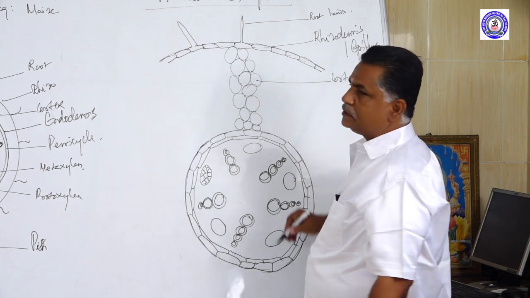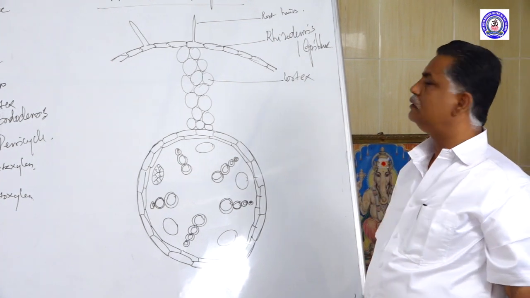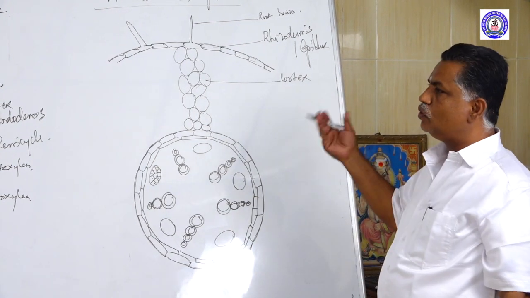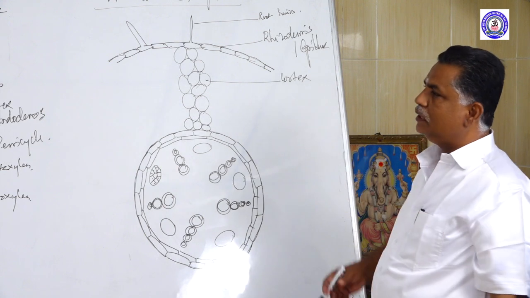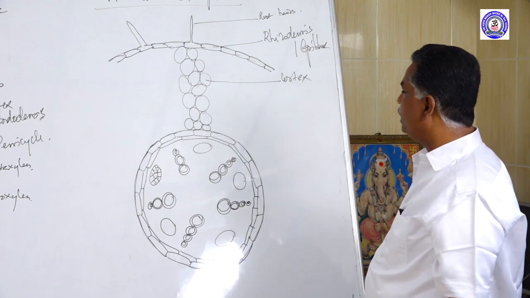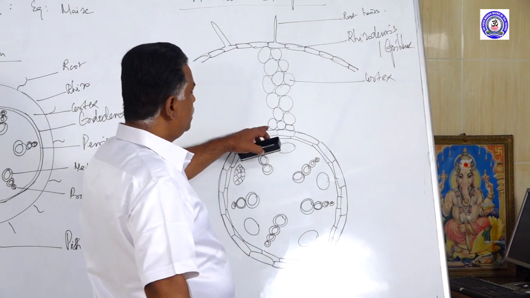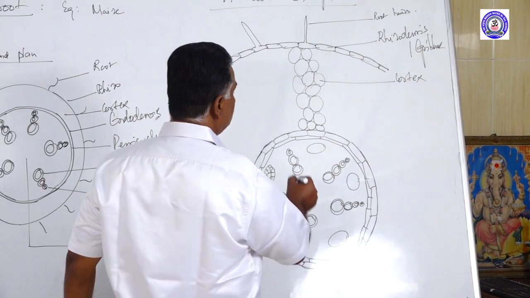Cortex is made up of, as I said earlier, parenchyma cells with intercellular spaces. They are irregularly shaped, and conduction and storage are the functions of that. Sometimes it may help in gaseous exchange. And you see the last layer of the cortex is endodermis.